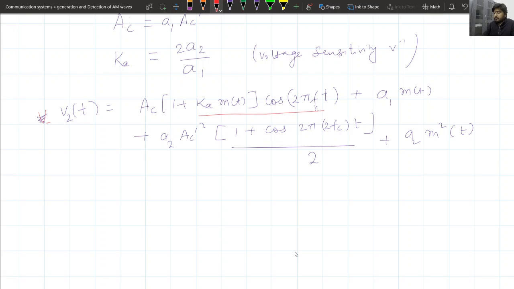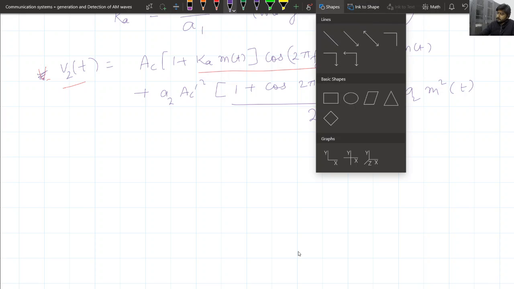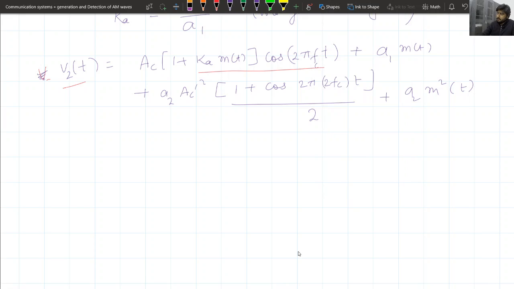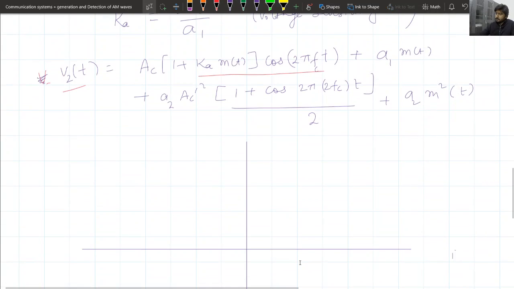This is our required modulated wave frequency, and so if we represent the same on the frequency spectrum of V2(t), you can write on the frequency domain.